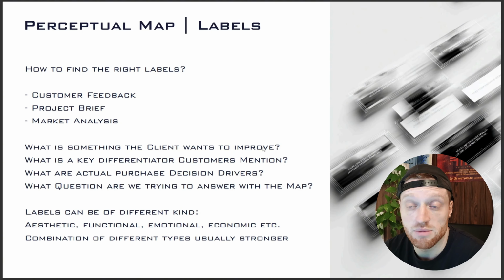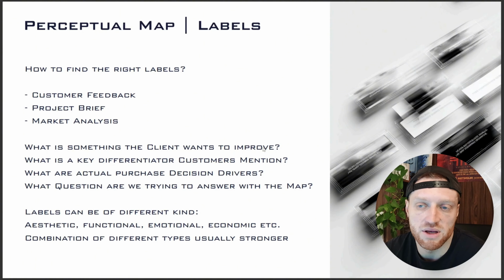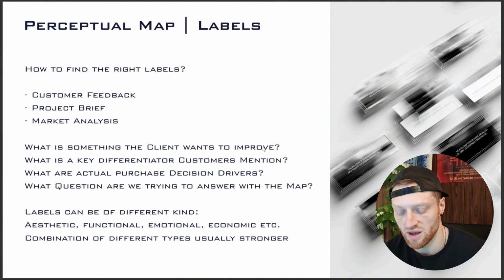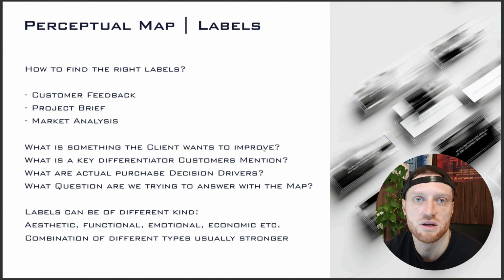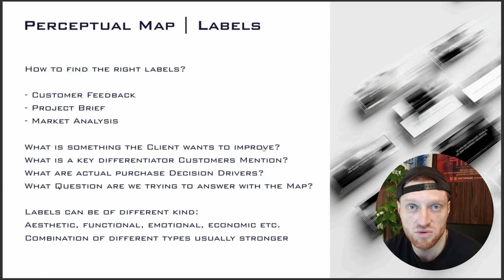So in order to find the right labels, we have to look into customer feedback, we have to read the project brief, and we have to basically make a market analysis and figure out what are things that the client clearly wants to improve, right?